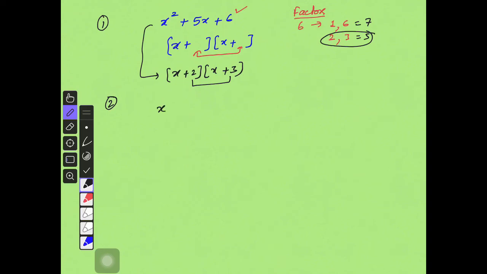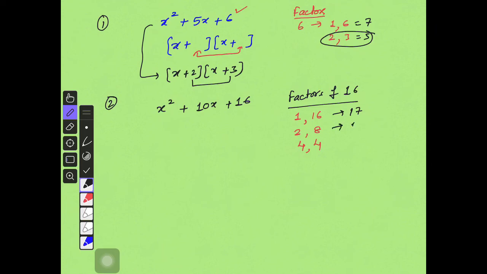Let's take the second example. X square plus, let's say, 10x plus 16. Start thinking about factors of 16. You can start from 1: 1 and 16, 2 and 8, 4 and 4. There are more possibilities with negative numbers, but don't consider them now.